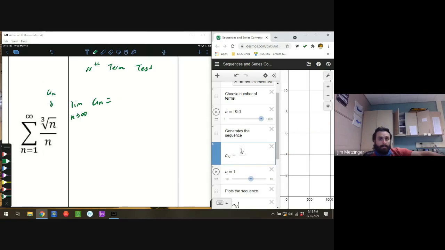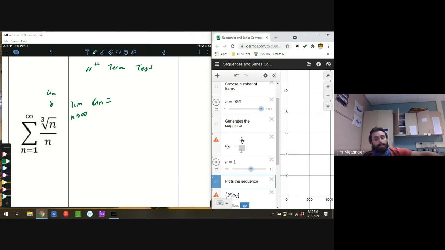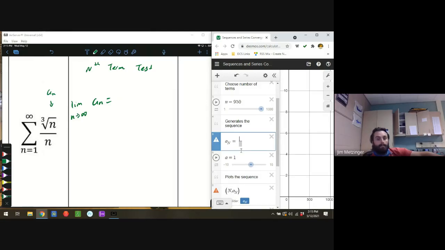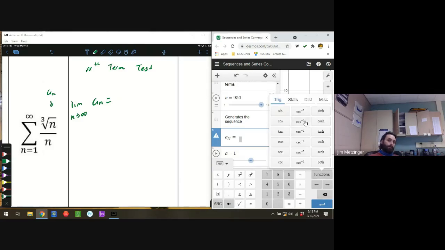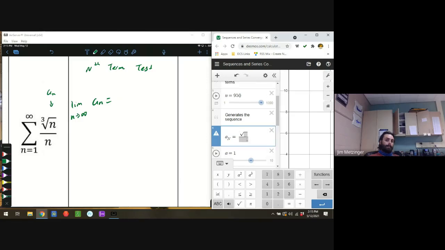So, oh, you've got to be crazy. All right. Oh, it's the shorthand for cubed root, but there's a button for it somewhere. Miscellaneous, right there. Slap a 3 in the corner. Put my n's in place.